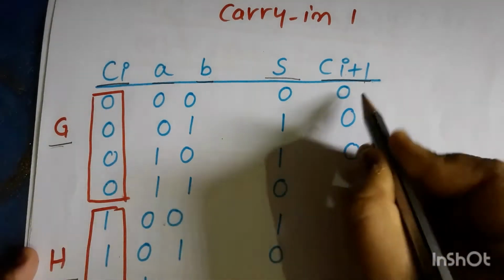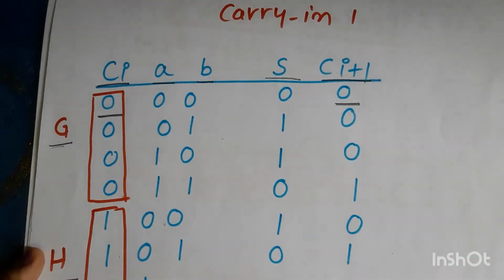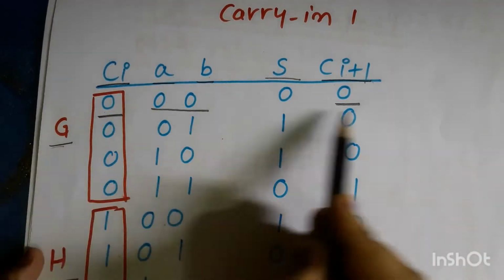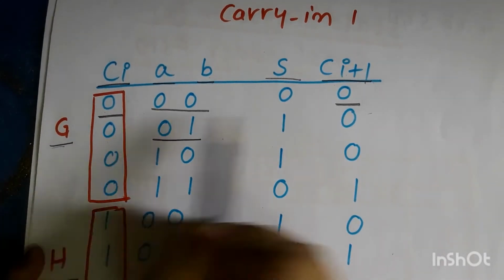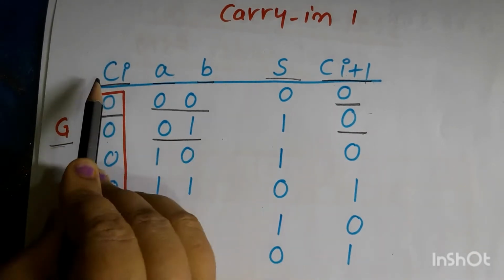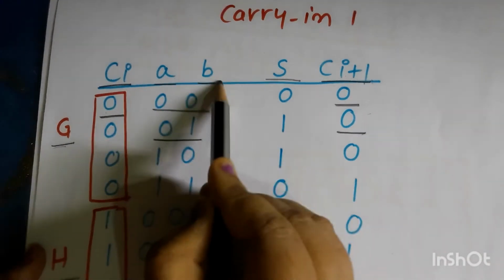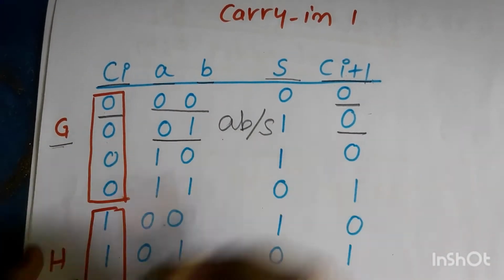So you see, AB is 0 0, same state. AB is 0 1, again it is 0. Let us see the transition from CI to CI plus 1 with respect to AB and S.